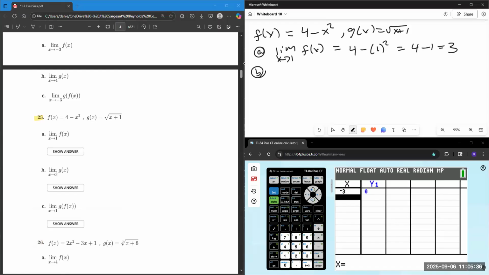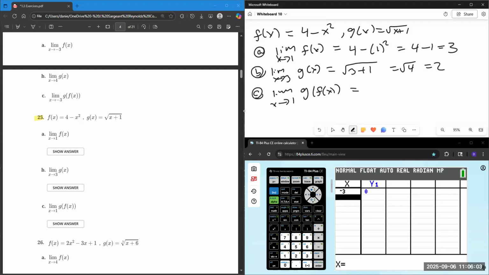B says limit as x approaches 3 of g of x. That's within the domain of g, so I can use direct substitution. And C, limit as x approaches 1 of g of f of x.